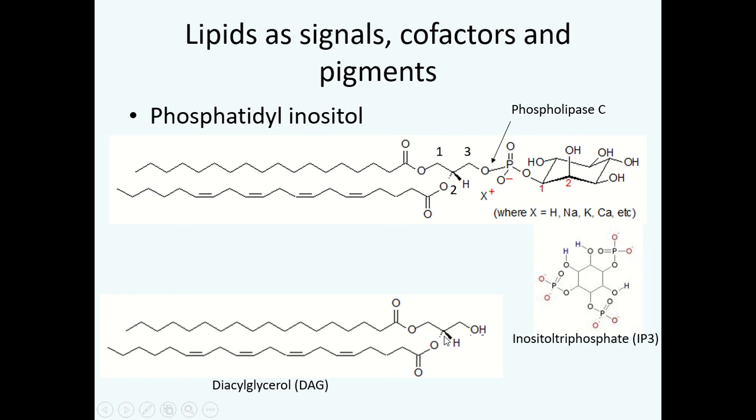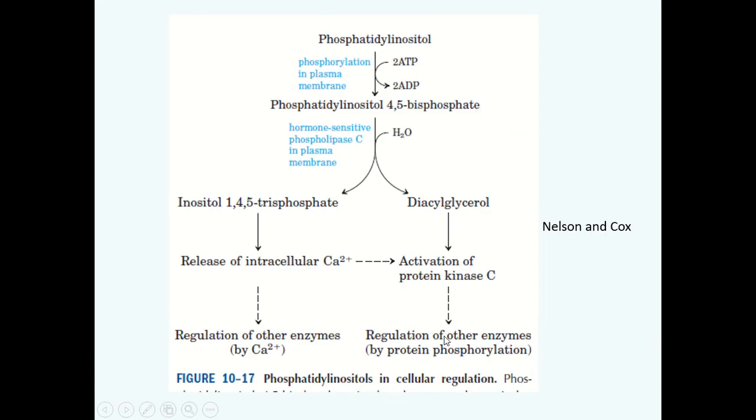Diacylglycerol binds and activates an enzyme which is called protein kinase C. In this figure, you can see the phosphatidyl inositol embedded in the membrane. The phosphorylated form of this phospholipid is then acted upon by phospholipase C. Phospholipase C results in releasing inositol triphosphate.